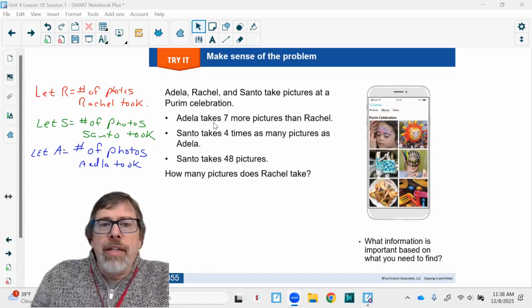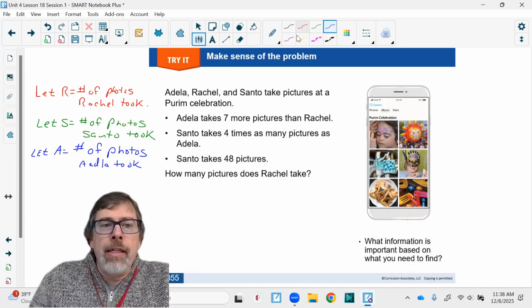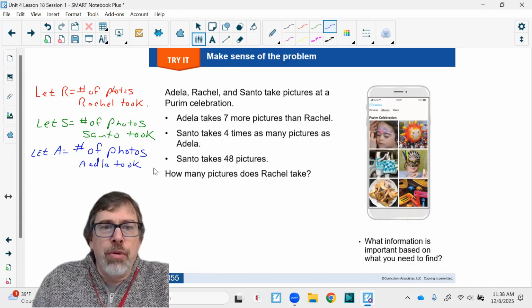Okay, so we have Adela takes 7 more pictures than Rachel. Well, let's see. That would be A equals, Adela's number of photos she took. A equals 7. More than means add. And when you see the words more than, less than, greater than, all that, you have to work backwards.